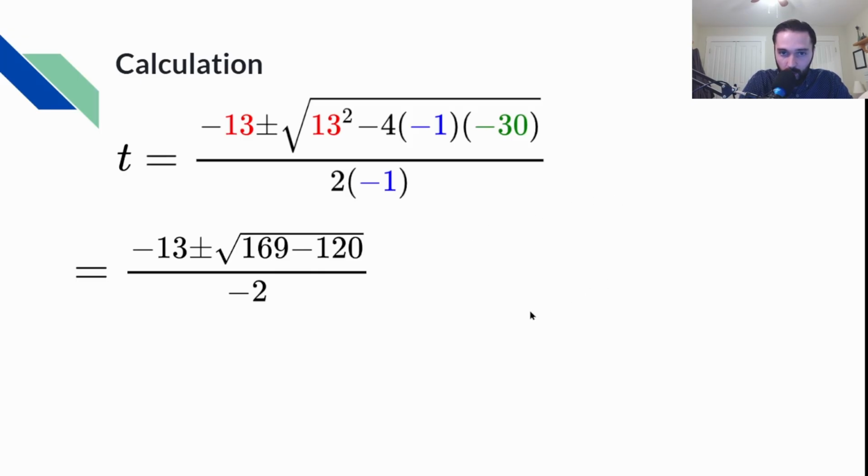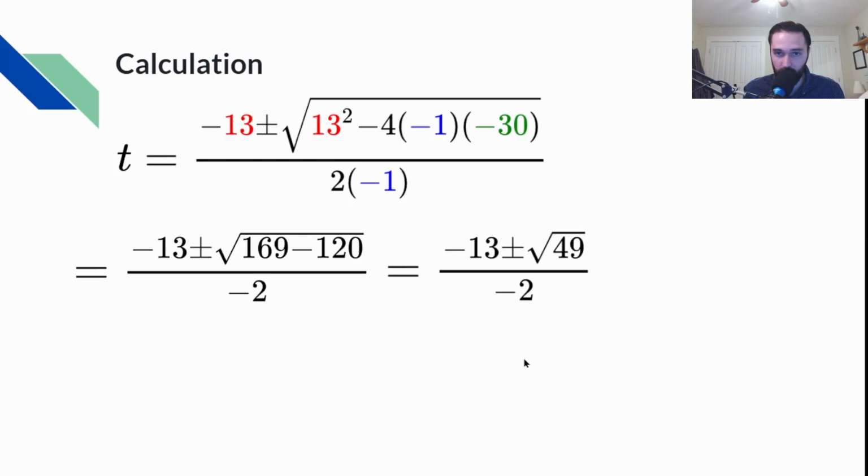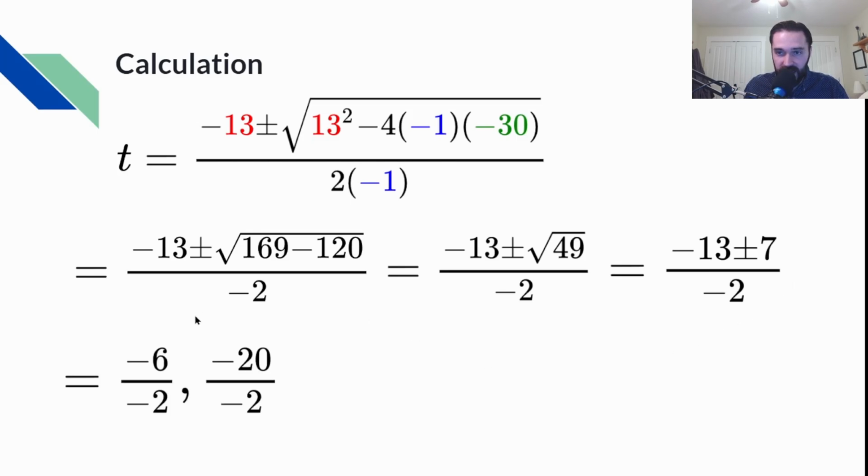Under the radical, we get a perfect square. 169 minus 120, that's 49, and the square root of 49 is equal to 7. So we're going to get two values for t. We're going to get 3 and 10.